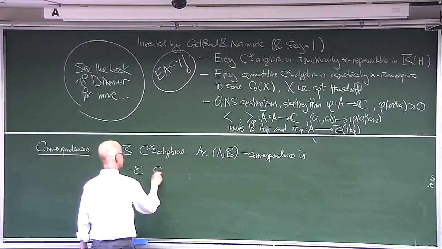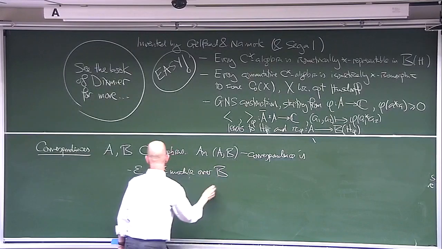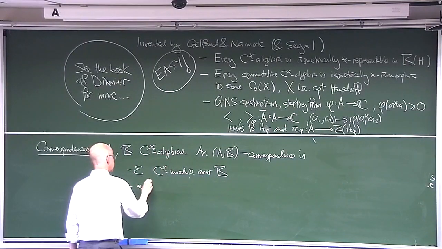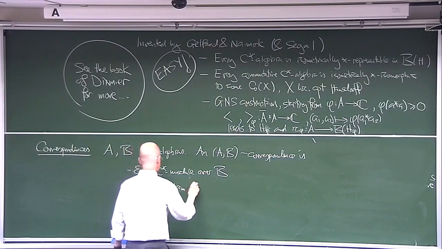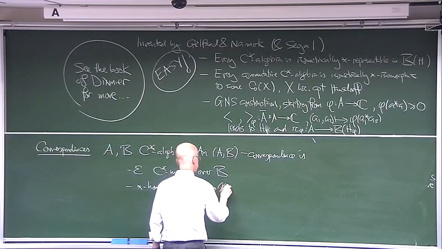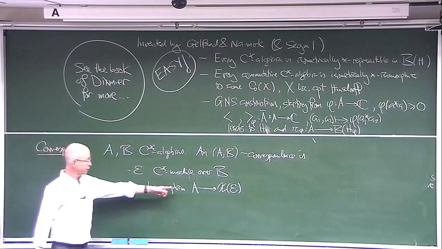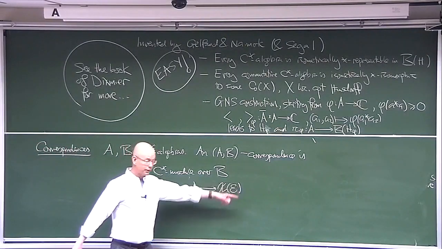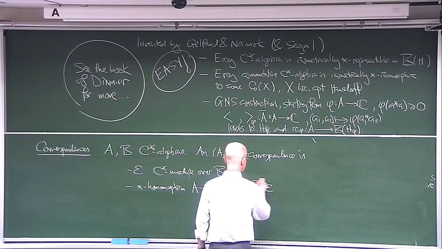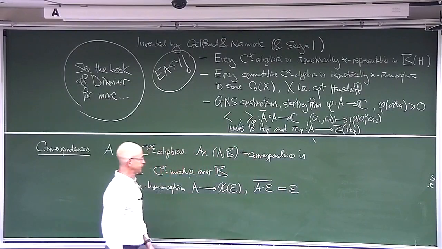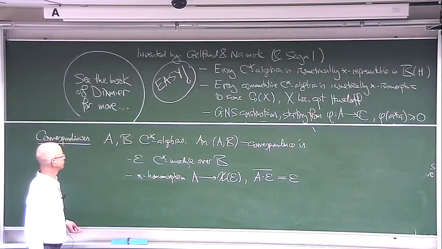First of all, I'll start off with a C-star module over B. And secondly, I'll assume that there's a homomorphism of C-star algebras from A into the compact operators on E. If I have such a homomorphism, then A of course now acts on E through this homomorphism. And as usual, you assume that the action is not degenerate.